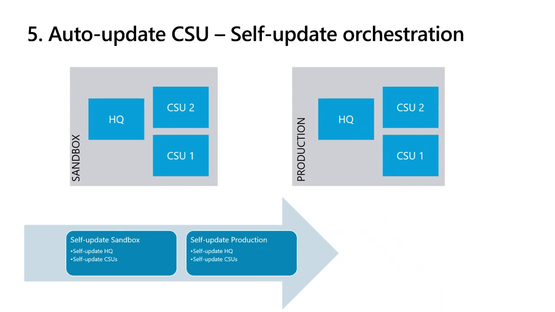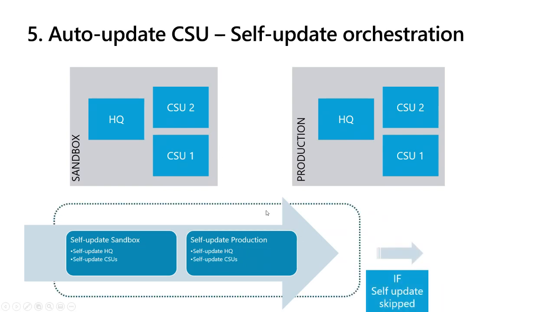And vice versa, if you usually self-update and for some monthly update, you decide not to self-update, it also knows when you haven't self-updated, and so it can automatically kick in with the auto-update schedule as determined for your environment. So it tries to be smart in determining what and when to update.